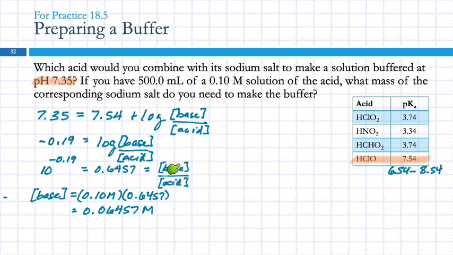We can find the ratio, and then we know the acid concentration because they told us what it is. So then we can find the base concentration. We're not done yet, though. We need to know the mass of the corresponding sodium salt to give us this concentration of the base.